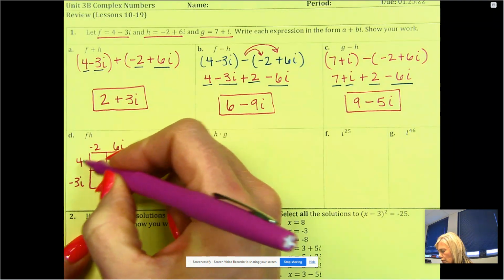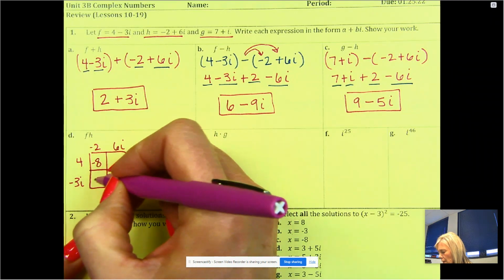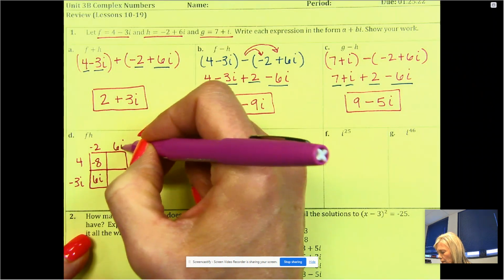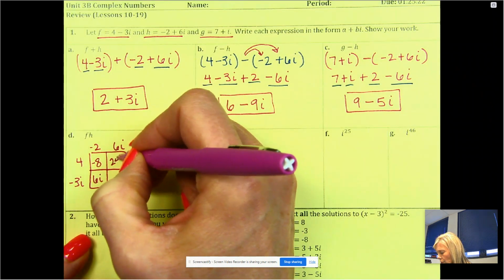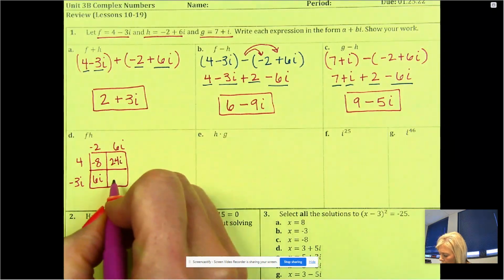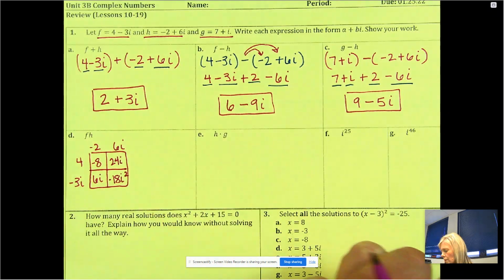Okay, so negative 2 times 4 is negative 8. Negative 2 times negative 3i is 6i. And the other column, 6i times 4 is 24i. 6i times negative 3i is negative 18i squared.